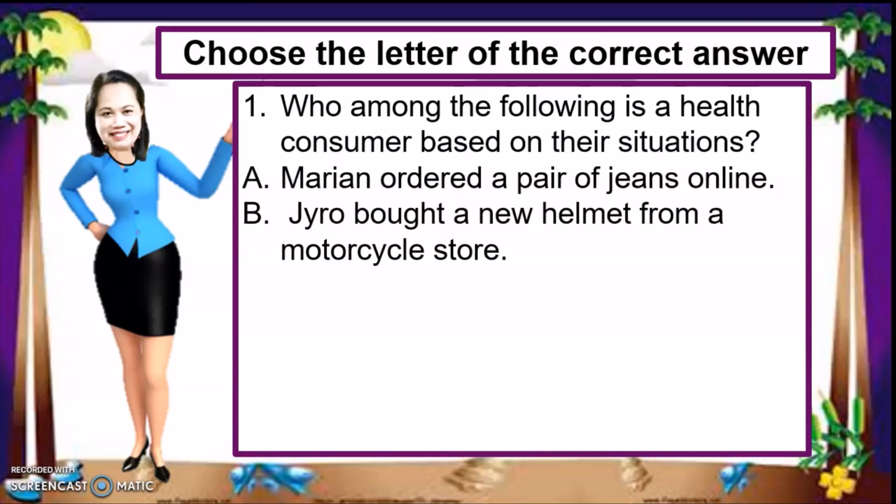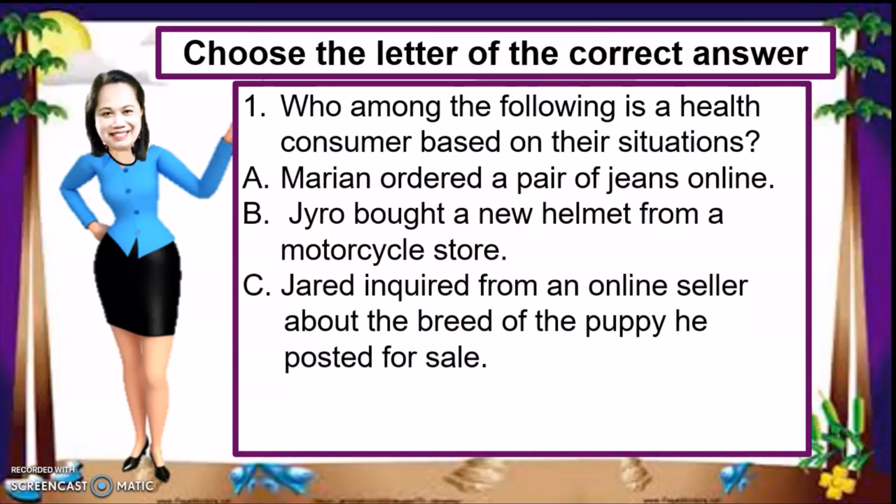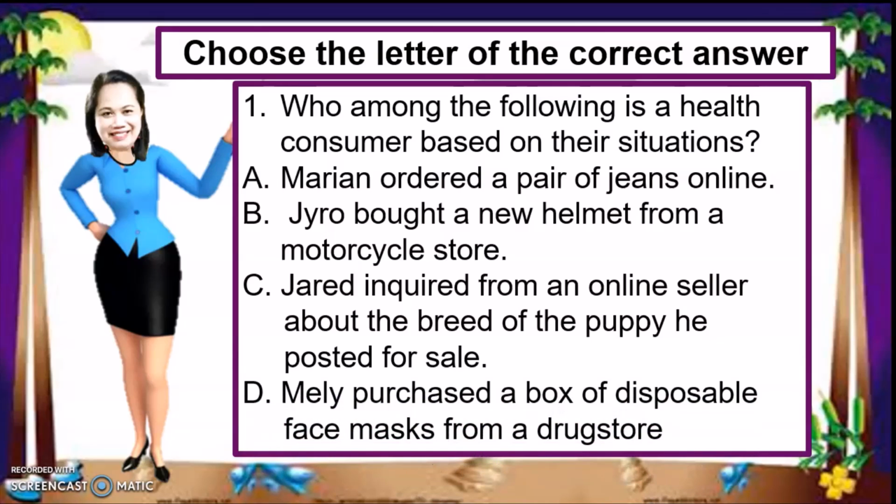B, Jairo bought a new helmet from a motorcycle store. C, Jared inquired from an online seller about the breed of the puppy he posted for sale. And then the last, letter D, Melly purchased a box of disposable face masks from a drugstore.